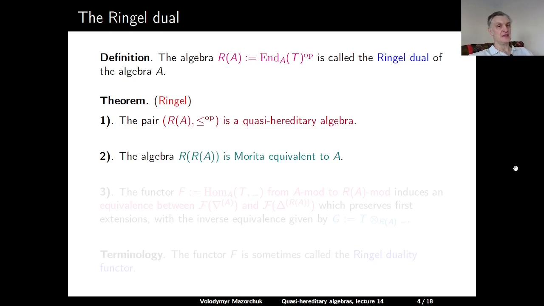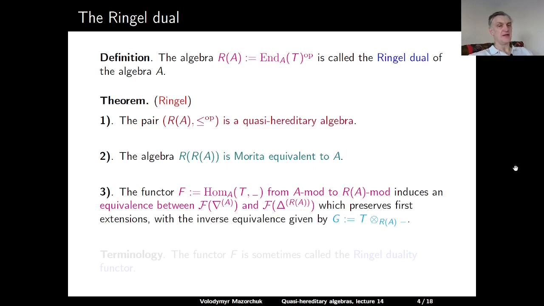Furthermore, the second Ringel dual of A is Morita equivalent to A, and the functor of taking homomorphisms from the characteristic tilting module to blank, that's a functor from A-mod to R(A)-mod, induces an equivalence between the category of all modules with a costandard filtration over A and all modules with a standard filtration over R(A).